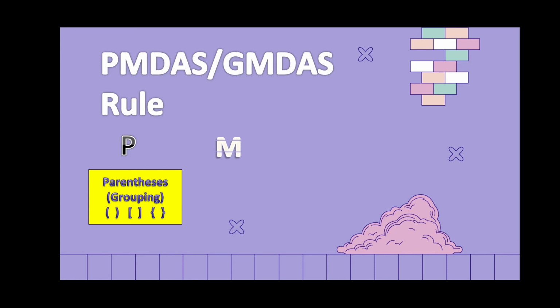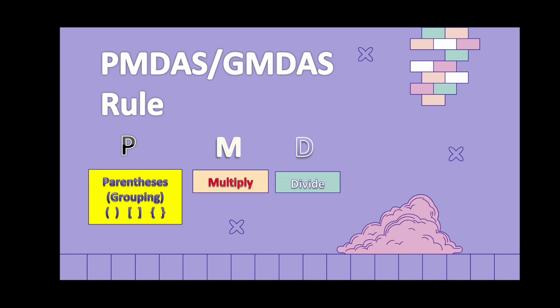And M stands for multiply. So kung ang given expression ay merong operation na multiplication, so that is the next thing that we need to solve. Next letter is letter D, and it stands for division or divide. So meaning, yun naman yung kasunod na operation na gagamitin natin kung may division na operation sa given expression.